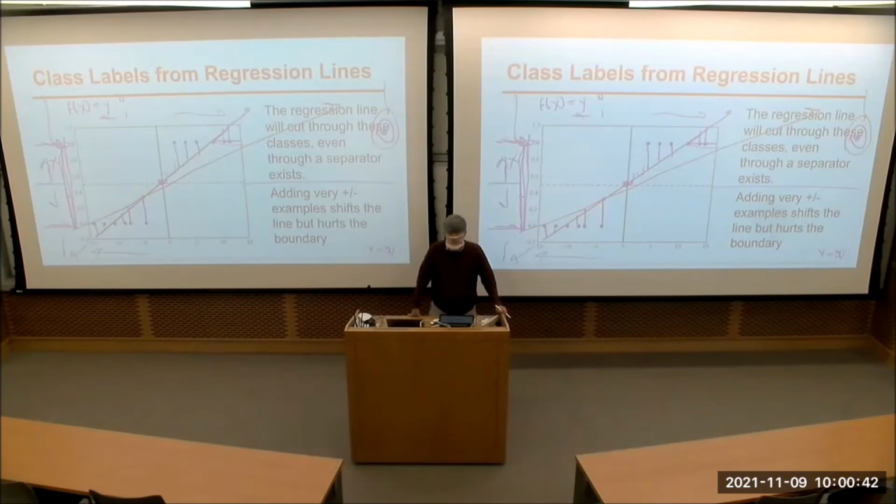This point is not really telling us anything that should be shifting the line very much. Does everybody see? This is actually an easy case. And the easy case should not be the thing that is changing the line, the classifier, a lot.